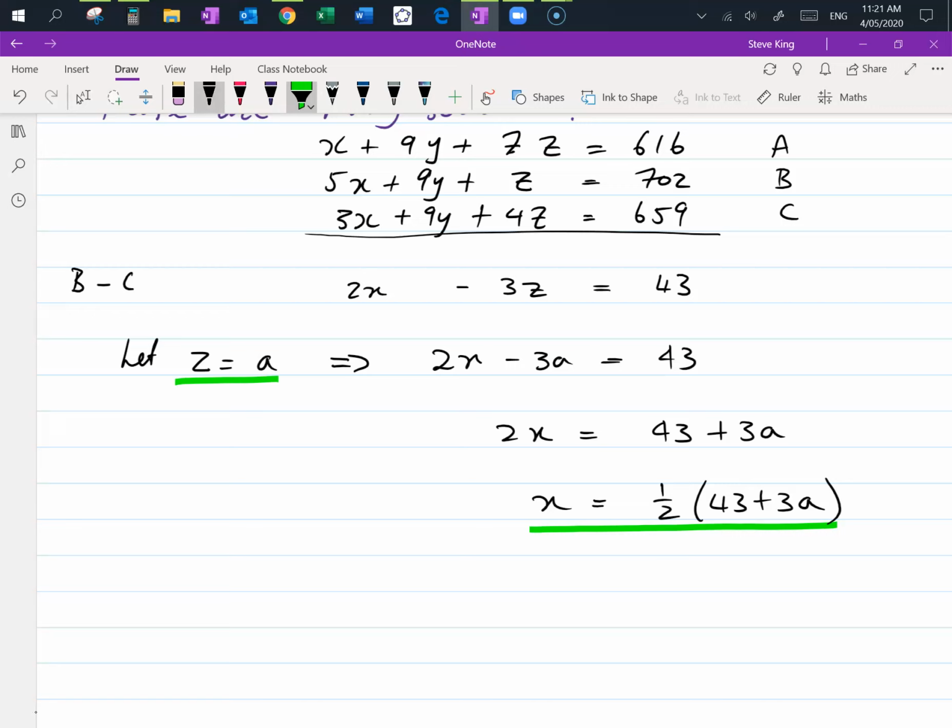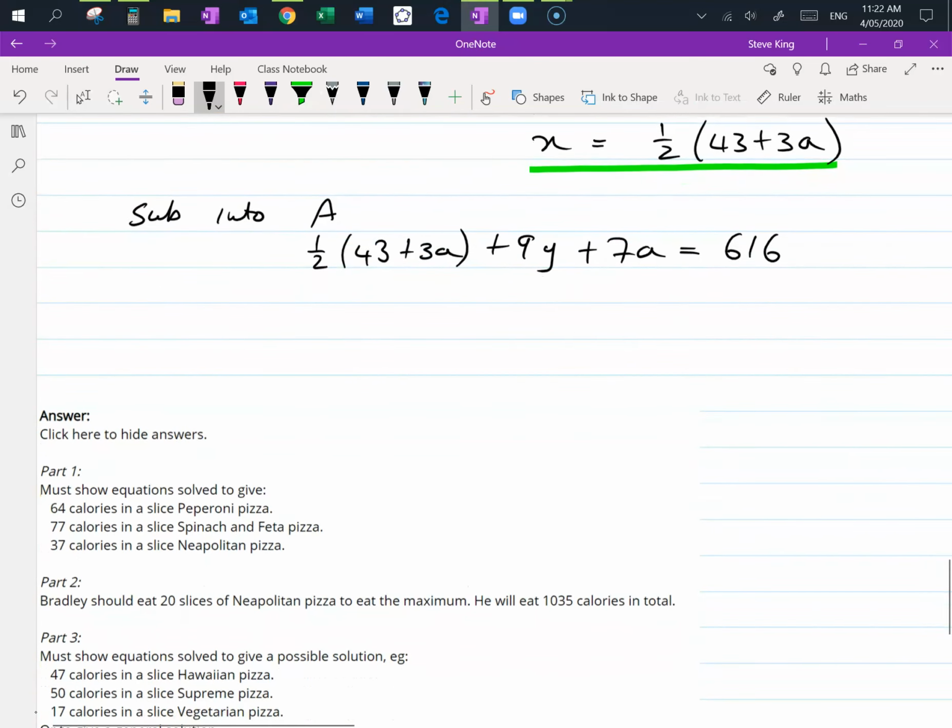I'm going to sub those two values into equation A. So sub into equation A, and equation A is going to look like this. A half of 43 plus 3a plus 9y plus 7a is equal to 616.